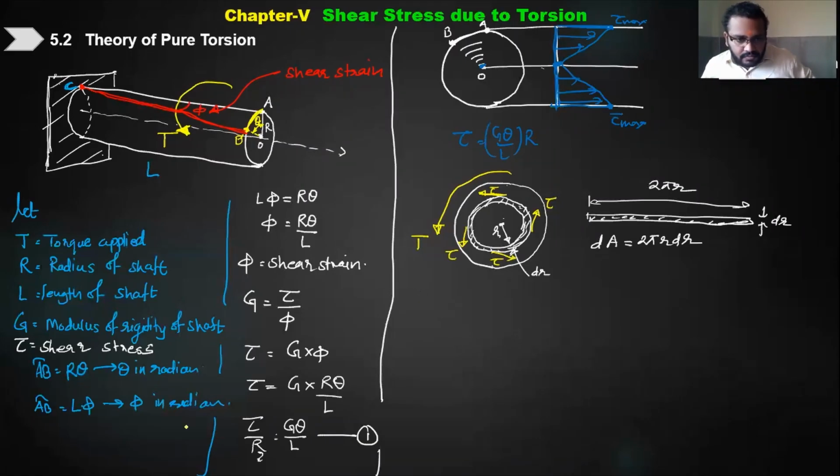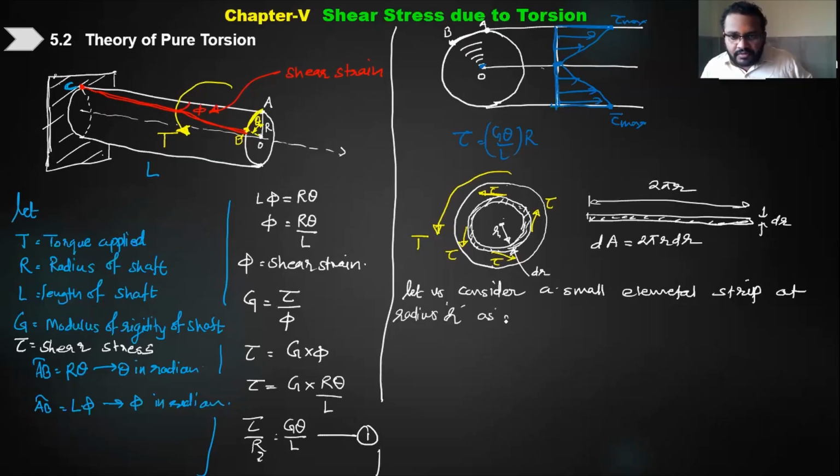So let us understand, let us write down. Let us consider a small elemental strip at radius r as shown in figure. ये मैंने लिख कर दिया, right?